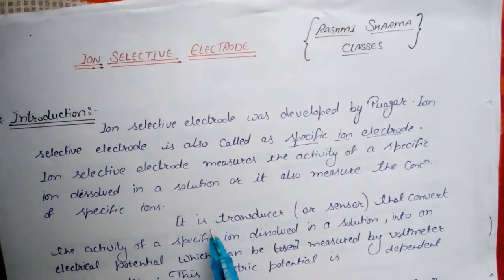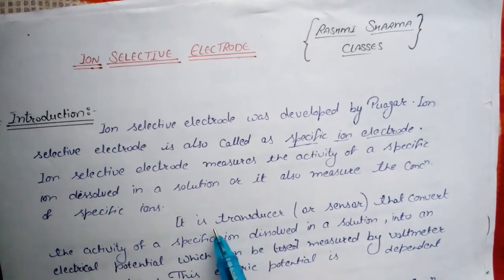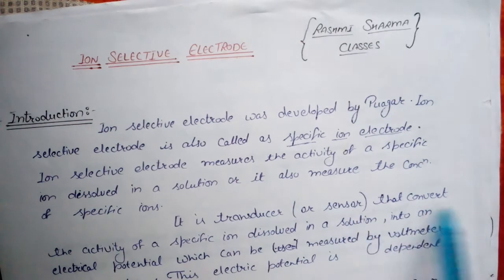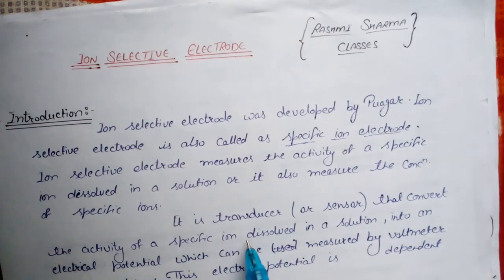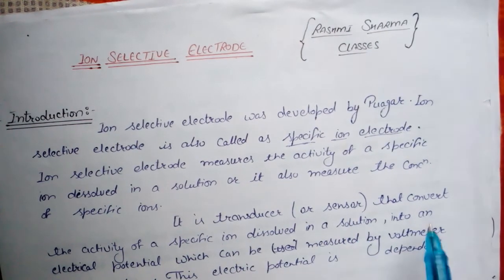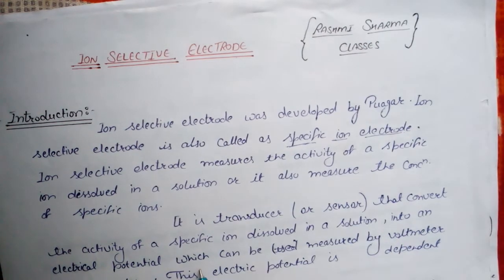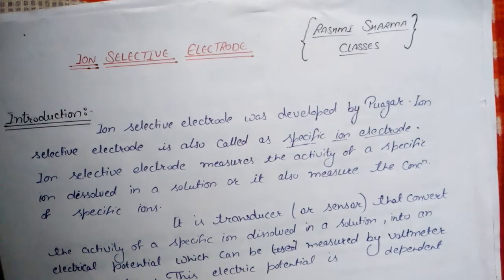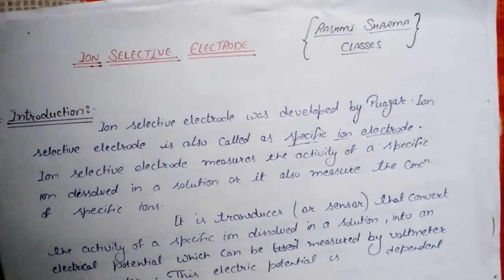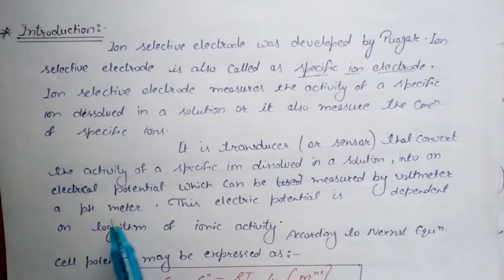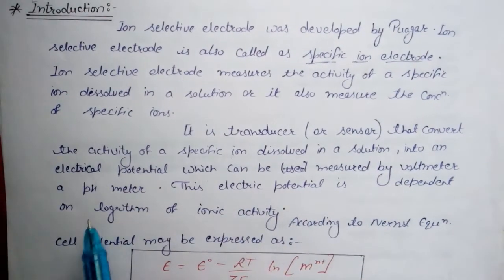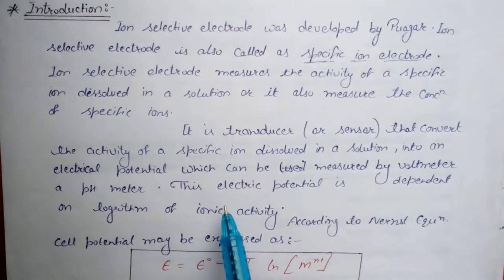After that, it is a transducer. You can say it is a transducer or a sensor that converts the activity of a specific ion dissolved in a solution into an electrical potential, which can be measured by a voltmeter or a pH meter, right? This electrical potential depends on the logarithm of ionic activity.